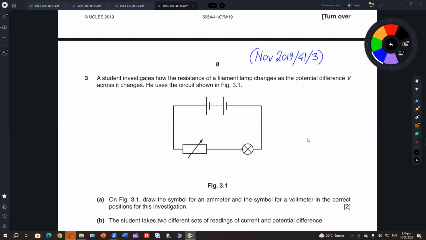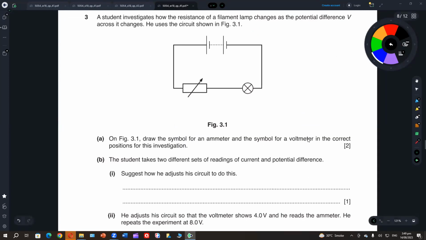A student investigates how the resistance of a filament lamp changes as the potential difference across it changes. It uses the circuit shown in the figure.